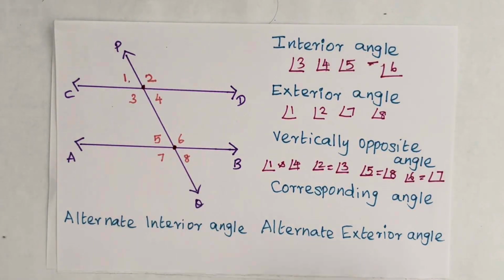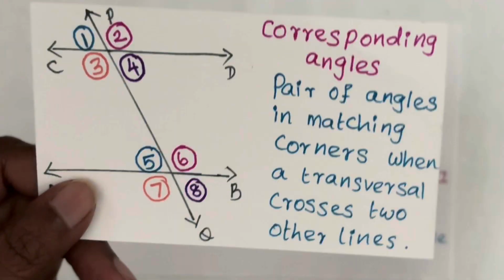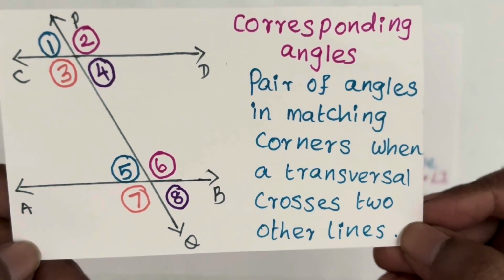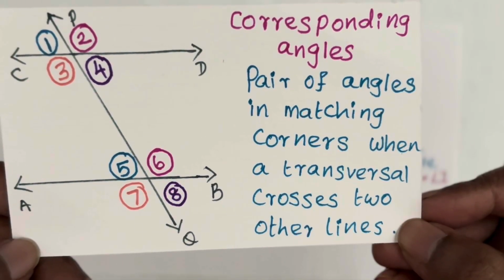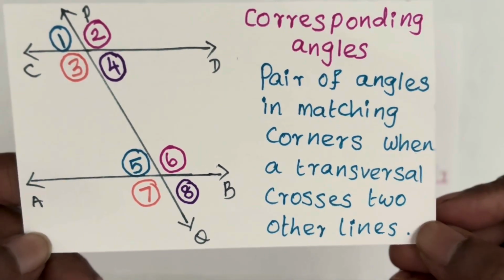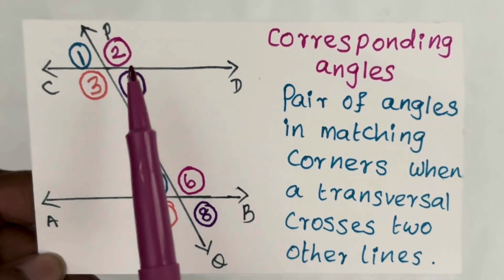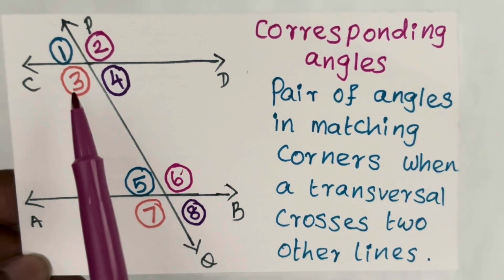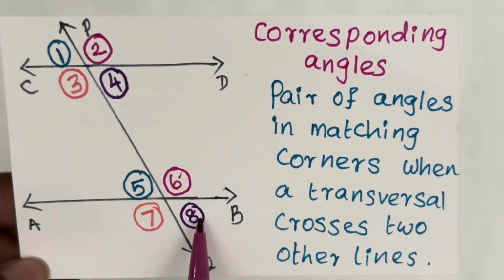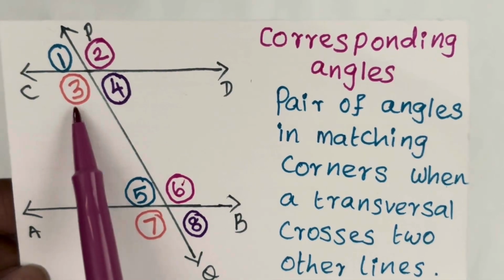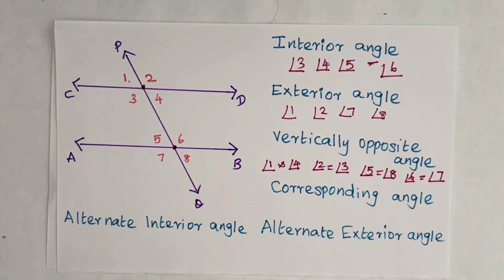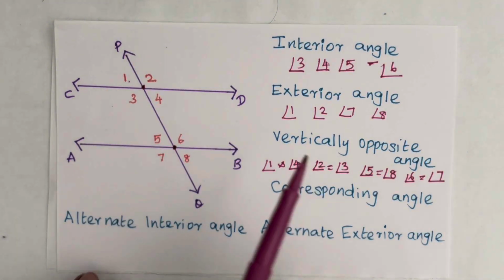Next one is corresponding angle. So what is a corresponding angle? The pair of angles in matching corners when a transversal crosses two other lines. That means 2 and 6 are corresponding angles, 4 and 8 are corresponding angles, 3 and 7, and 1 and 5. The same way, let's find the corresponding angles.